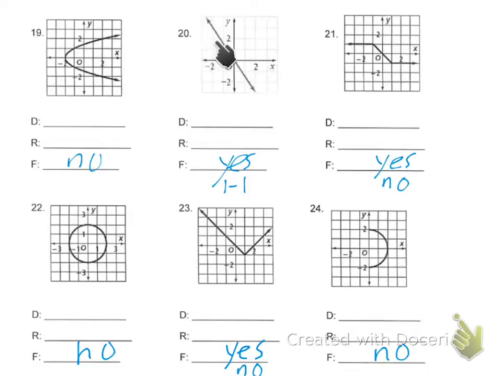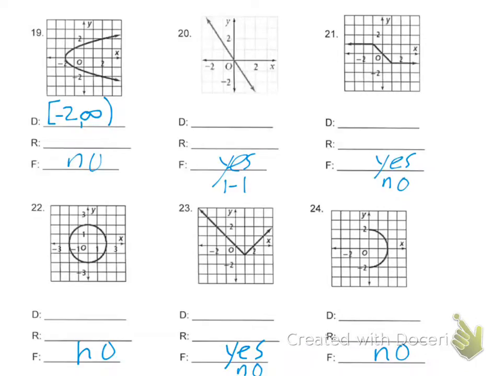Wait, didn't we do set notation and interval notation? What's the interval notation for this? Couldn't you do -2, comma, infinity? -2 has a bracket and then a parenthesis. Oh, that's so much nicer.